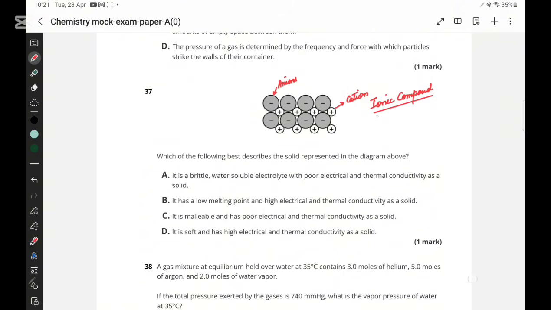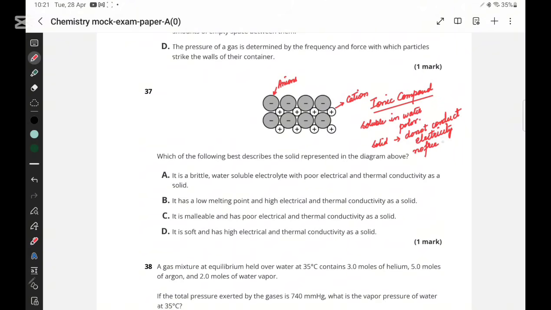So ionic compounds are soluble in water as it is polar. And what happens? They do not conduct electricity in the solid state. What is the reason why they do not conduct electricity in the solid state? Because they don't have free moving ions.